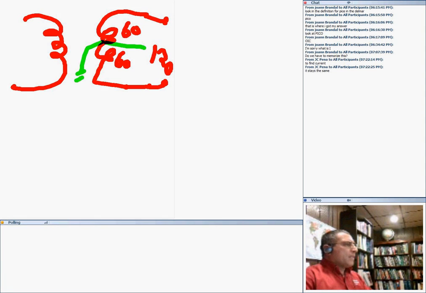This is used for sensitive electronic equipment, where you want to run the equipment on 120. This is hot one, this is hot two, and 120 between them. If you were to tie anything between the hot and the neutral, you get 60 volts, which we don't use. We're just trying to create a grounded system with 120.